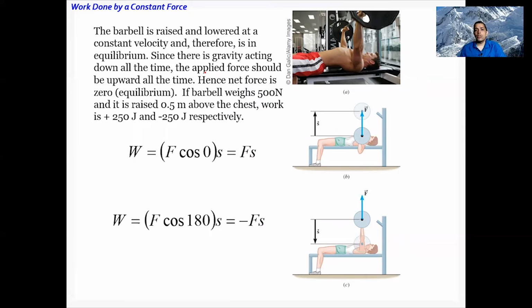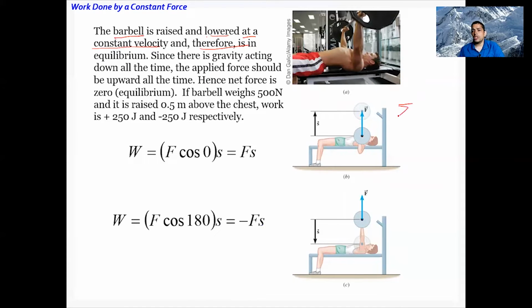You can see here a person is raising the barbell and he lowers it too. He raises and lowers the barbell at a constant velocity. Therefore, it is in equilibrium. When there is a constant velocity, the system is in equilibrium, right? That's what we said in the previous lectures.